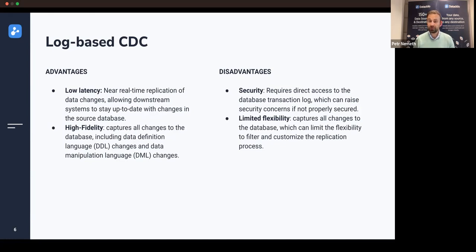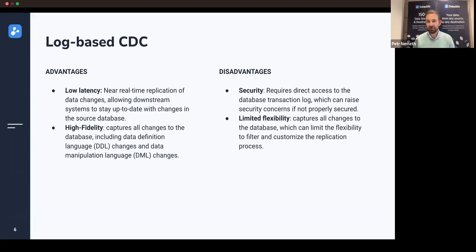Also, there is limited flexibility, because unless you want to do some sort of heavy post-processing of the logs, which of course is something you can do, it captures all the changes to the database.